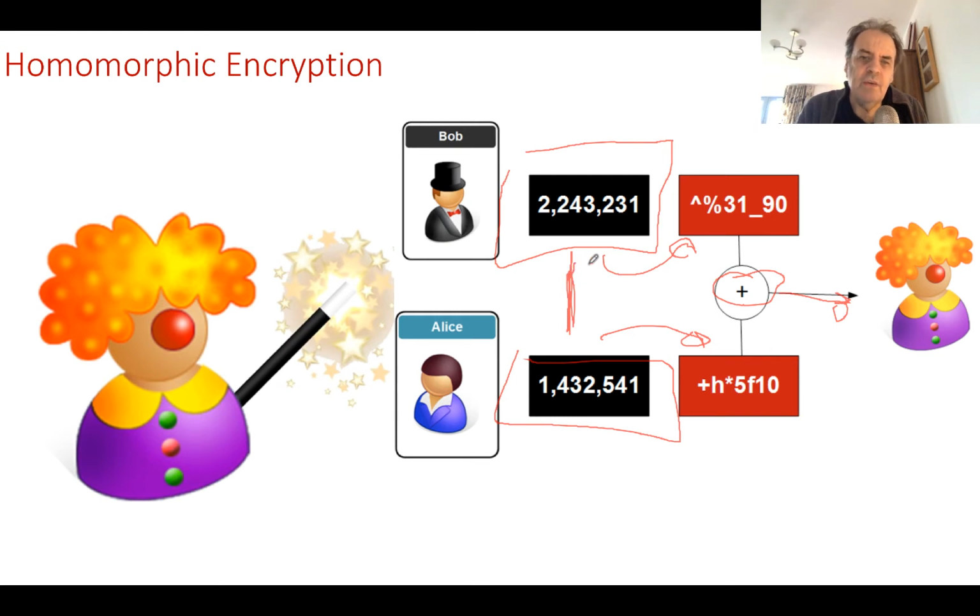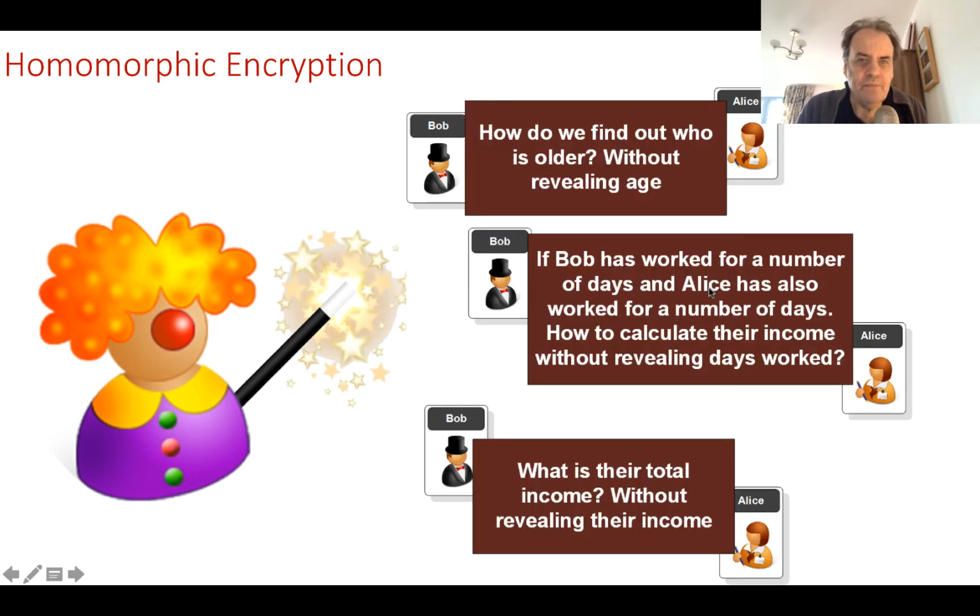So in a world where we need to make sure that our data is secure, working on encrypted values rather than the real values obviously has great advantages. Some of the questions we might ask are: is Bob older than Alice, without Bob and Alice having to reveal their age?